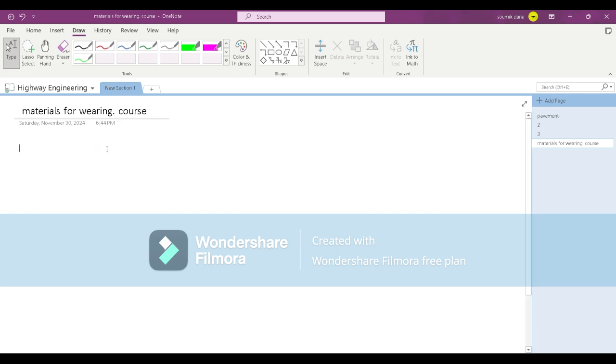Material for wearing course. So what are they providing? First point is a smooth riding surface.